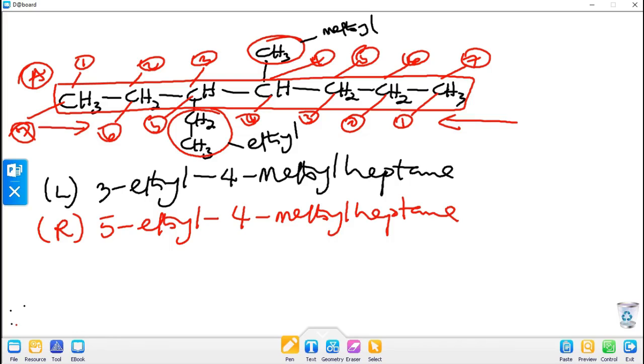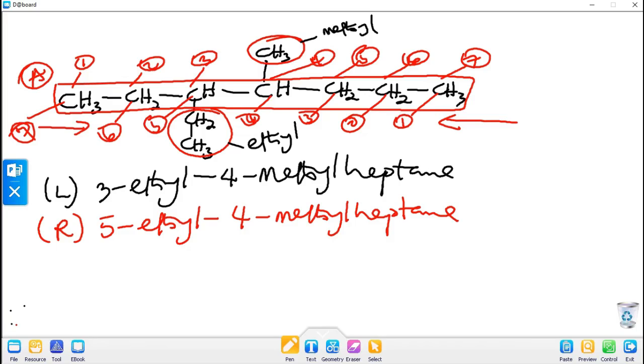Now the question is, which of these names is correct according to our rules? We should remember the rule which says that to number our parent chain, the numbering should be done in such a way that the side chains get the lowest possible number.